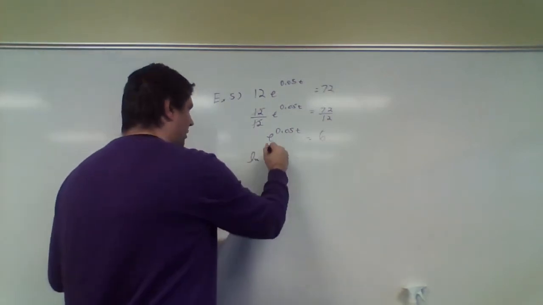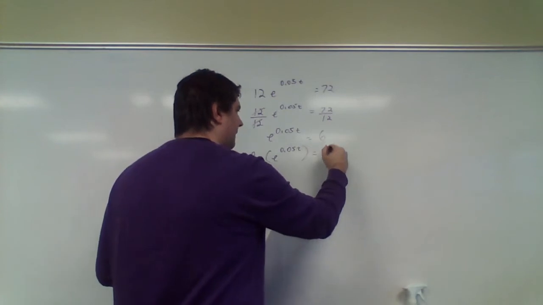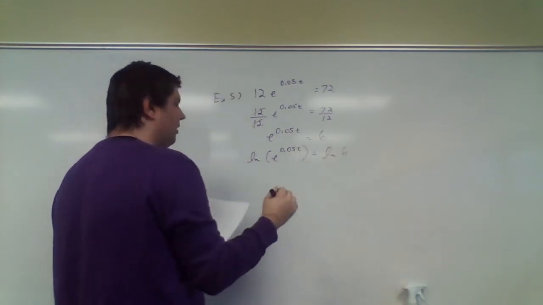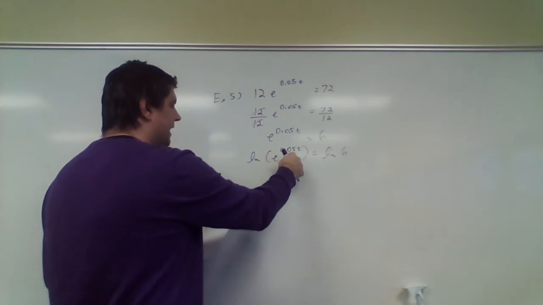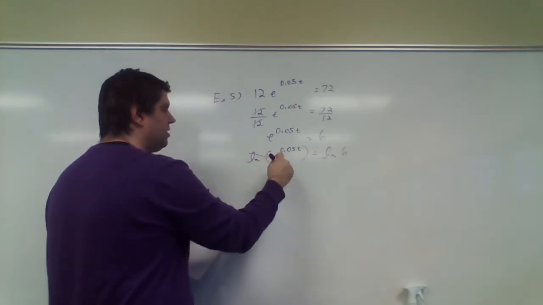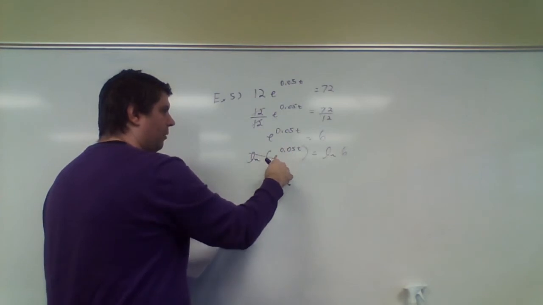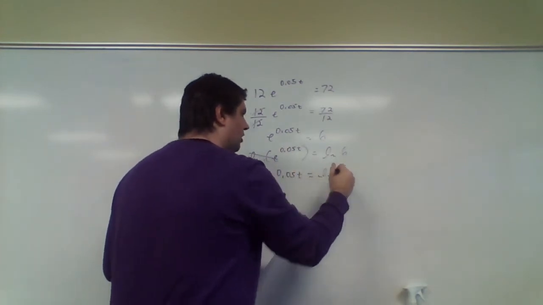Take the natural log of both sides to undo raising e to a power. Or more to the point, you're undoing the fact that this has been raised to a power of e. So you end up with 0.05t equals the natural log of 6.